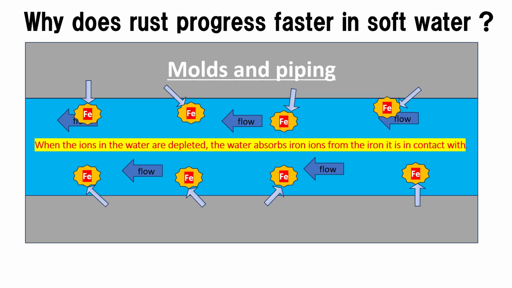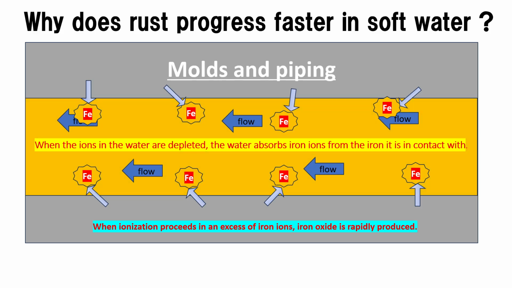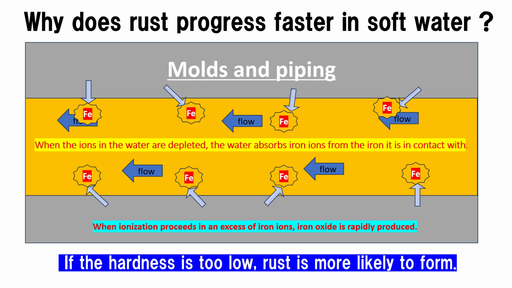This means that there is a temporary increase in iron ions in the water, and this ionization is accelerated upon contact with the atmosphere. Iron oxide is rapidly generated. Iron oxide then transforms into iron hydroxide and other substances, which float in the water. This results in rust-colored water. Water whose hardness has become too low needs to be raised to an appropriate level, around 70.